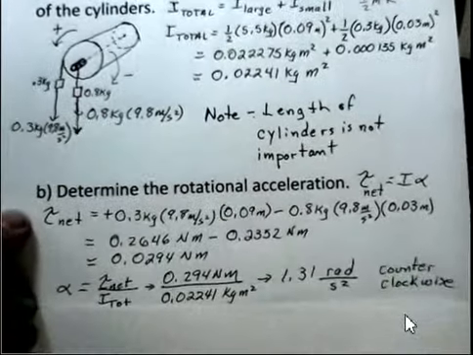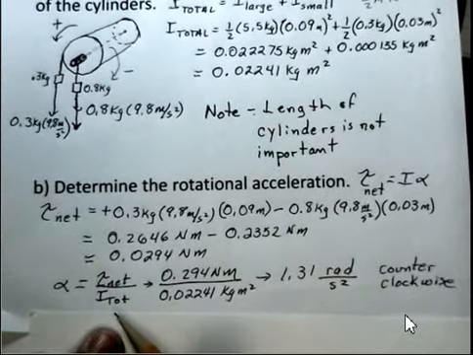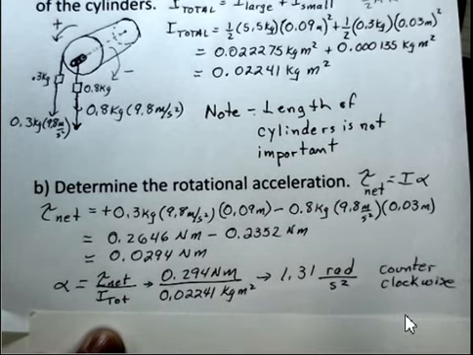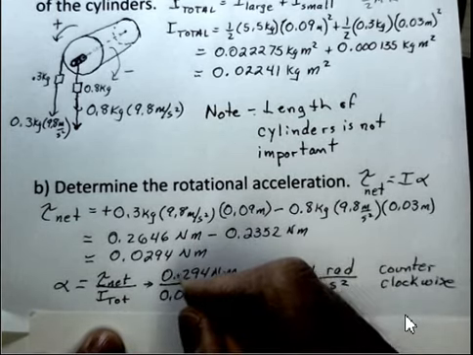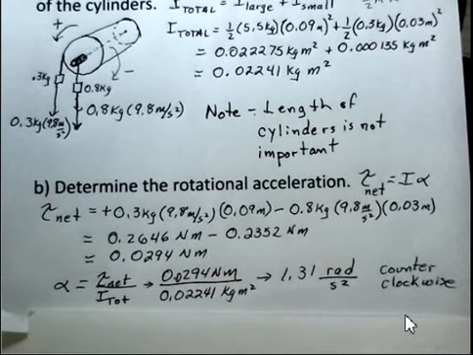So what is our angular acceleration? It's the net torque divided by the total rotational inertia. I just saw that I've left off a zero here: 0.0294 Newton meters, divided by the total rotational inertia, 0.02241 kilograms meter squared.